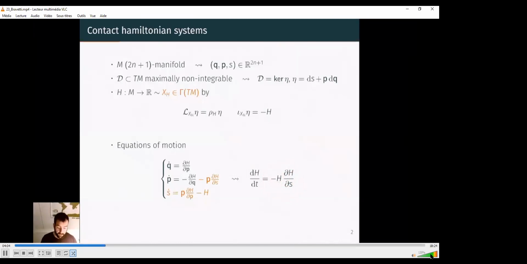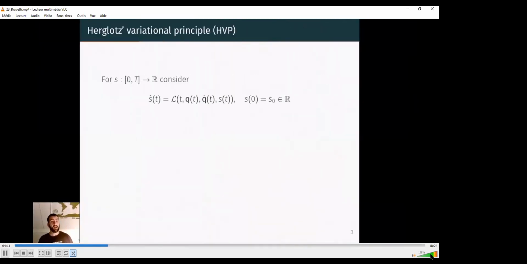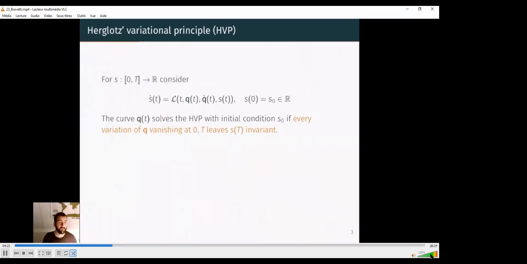As I mentioned, we seem to have some action principle here, so let's look also at the variational counterpart of this. If you take a differential equation that we had written there, essentially s dot equal to a Lagrangian in t, q, q dot, and s, then you can define a variational principle.